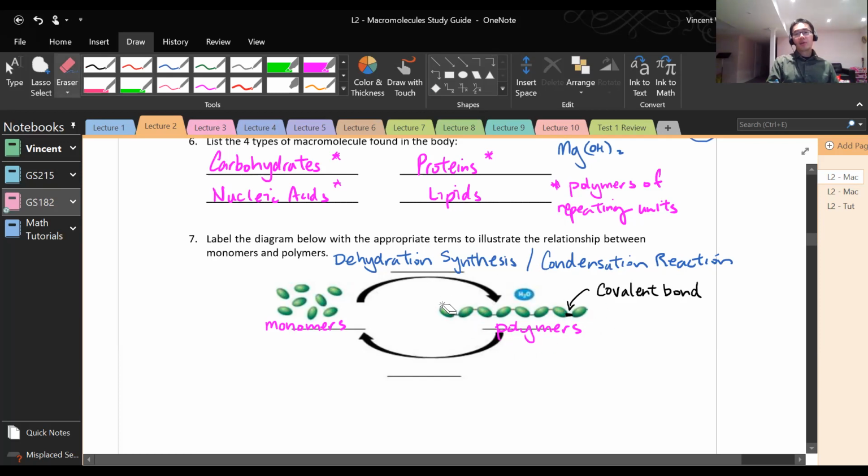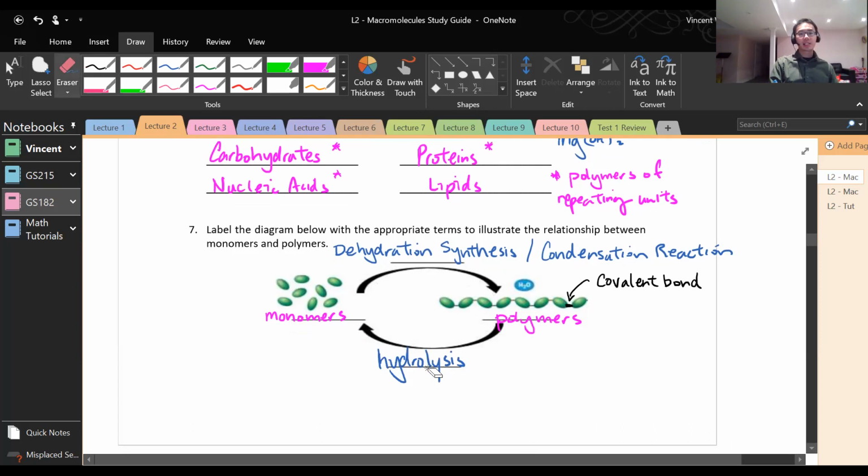When you want to break the polymers, let's say you eat some starch. Starch is an example of carbohydrates. If you eat it and you want to break it down to extract the energy from it, you will be converting the polymers back into the monomers. The process to do that is called hydrolysis. Hydro is water, lysis is to break.